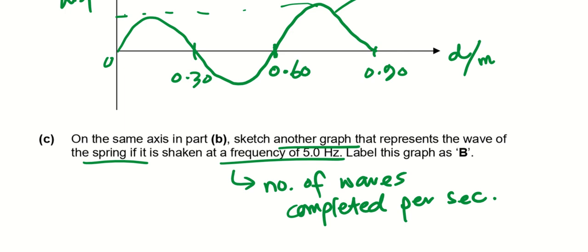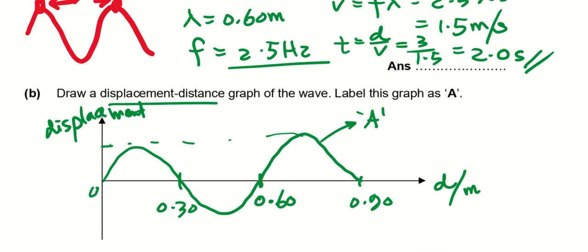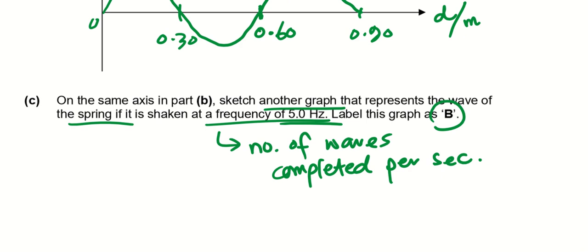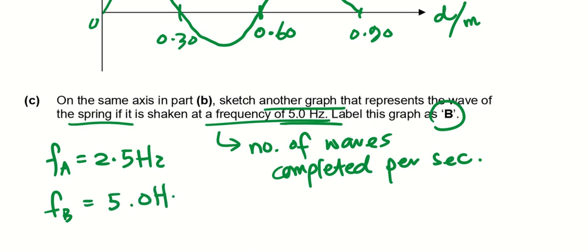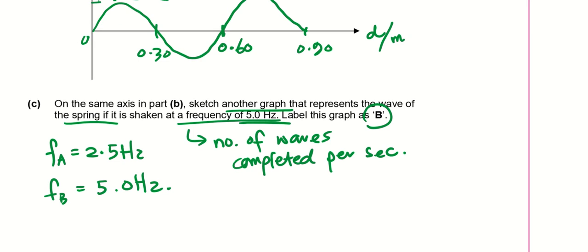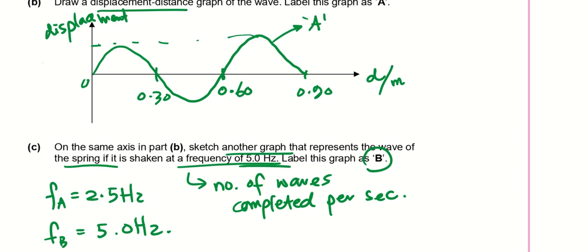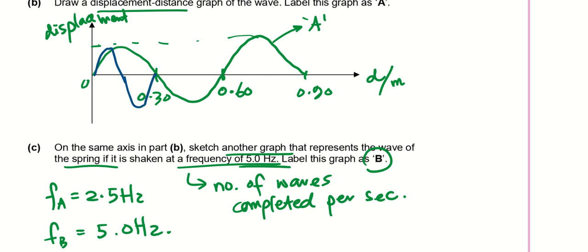So for B, the frequency is actually 5 Hz, double that of the frequency of A, right? So maybe I write over here, fA equals 2.5 Hz, fB equals 5 Hz. That means every time I see one wave done for A, I would see 2 waves done for B. So I need to complete one wave here, which means I need to have double the number of waves.